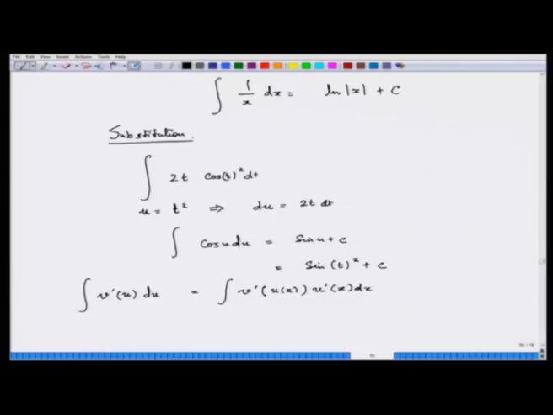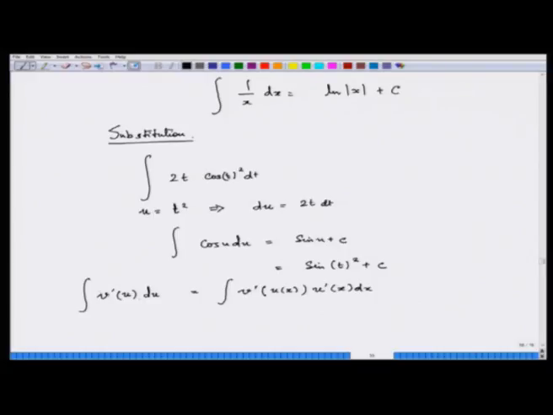Basically you are replacing u with some function of x, u of x, and then du dx is equal to u dash x. So du is equal to u dash x dx. So you are writing u as a function of x.